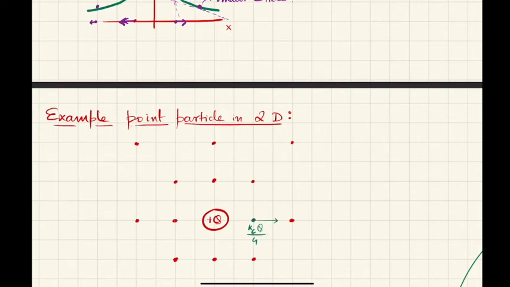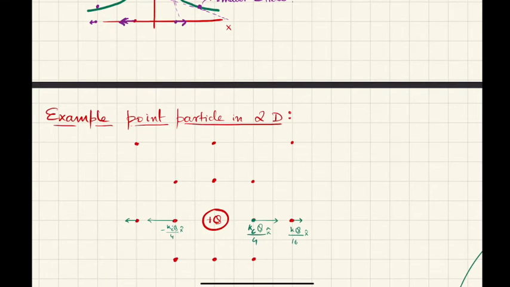And this one is going to be, say, k_c q over 16 x hat, so it's pointing away along the x-axis, a smaller arrow pointing away. And similarly for this side, this is k_c q over 4, but there's a minus sign because now the arrow is pointing in the negative x direction, and similarly over there.